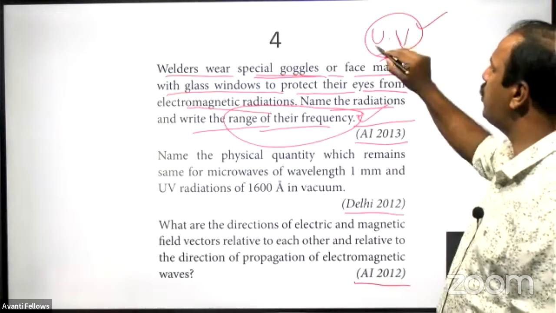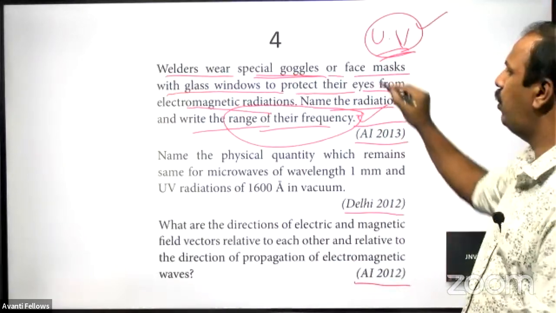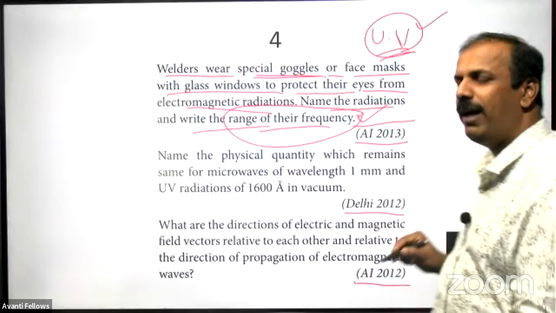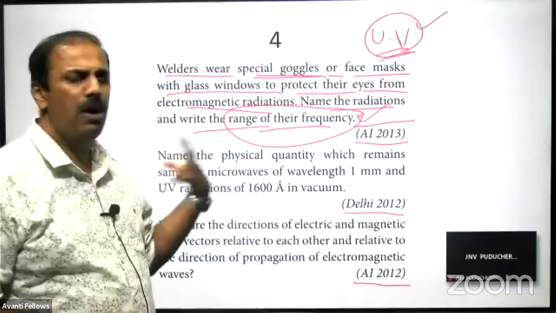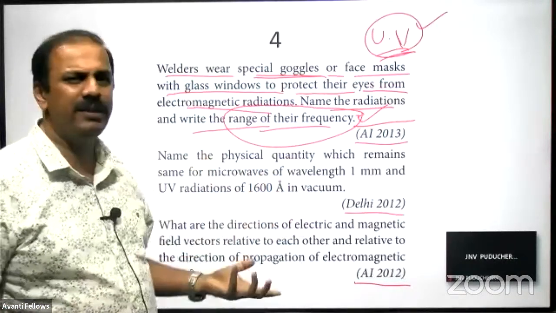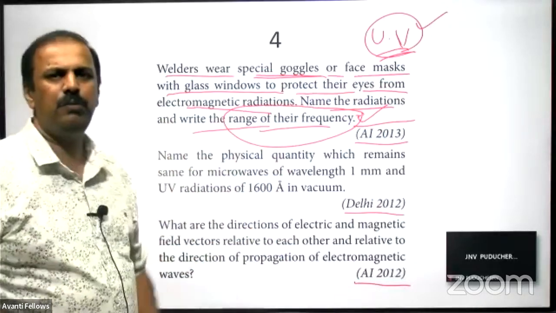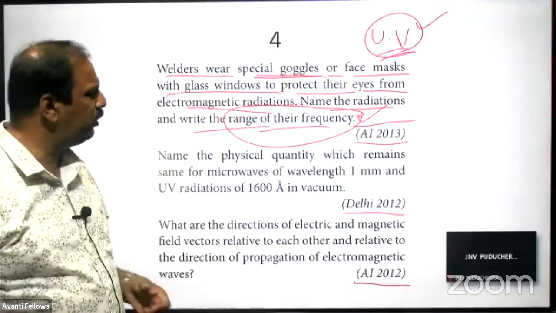If at first, instead of UV, you write IR, this entire thing will go wrong. So be careful about that. These are the areas where you can get marks easily, so you have to give more stress to such chapters. In the second term also you have some chapters like this, related to photoelectric effect, nuclei and all, where you can score good marks. There you have to concentrate.